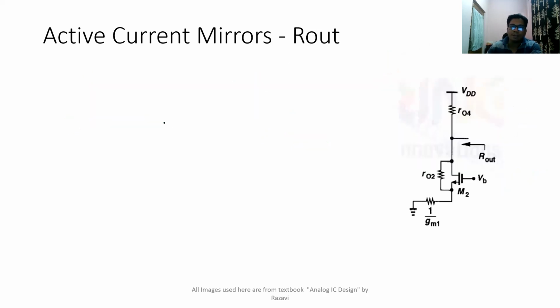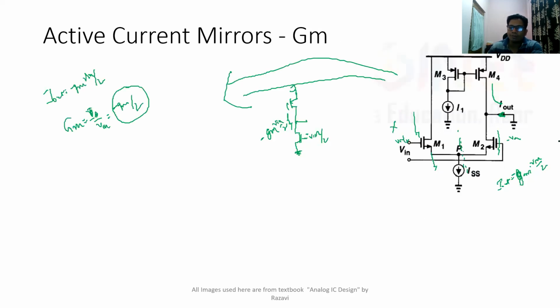Now let us try to find R out. Because you are applying the signal here, I will take this transistor. This is anyway open circuited, so you can just ignore that. When you see from this side, assuming it is grounded, and you see from the source side, it will give you an impedance of 1 by GM, and that is now connected to VDD.